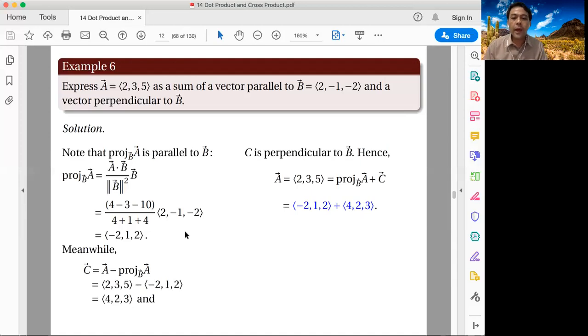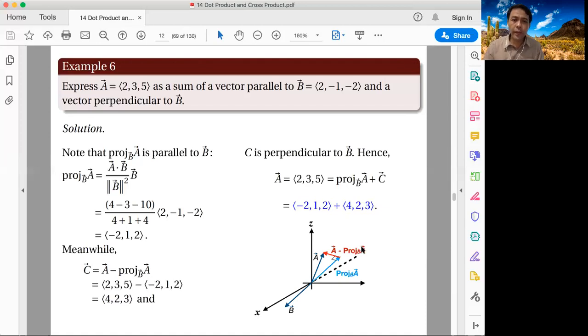The projection of A onto B is given by negative 2, 1, 2, and the value of C is 4, 2, 3. You can verify that when you take the sum, this is equal to 2, 3, and 5. Now, what's the basis for C? Maybe you will say, sir, how did we come up with that difference? Well, it's simply a matter of the properties of vectors.